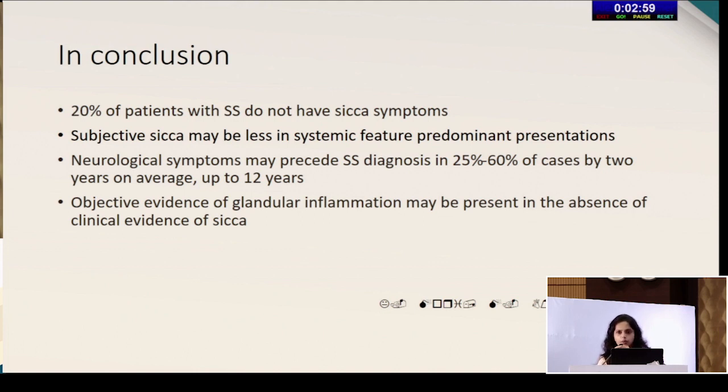So we need to be aware of all the manifestations which are involved in the ESSDAI before we consider. Most of these anyway will be evaluated by autoantibody. As previously discussed, these extraglandular manifestations have a high association with autoantibody, so that will give us a clue. And objective evidence of glandular inflammation may be present in the absence of subjective Sicca. Thank you.